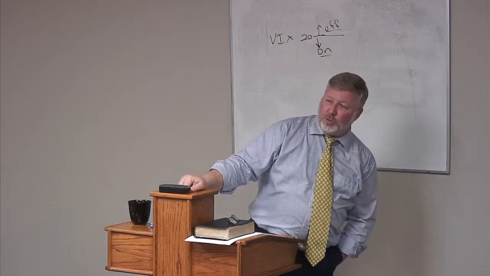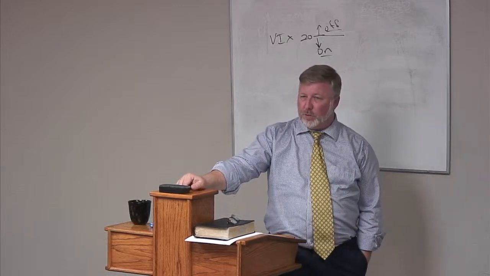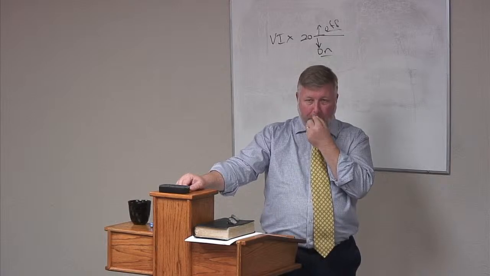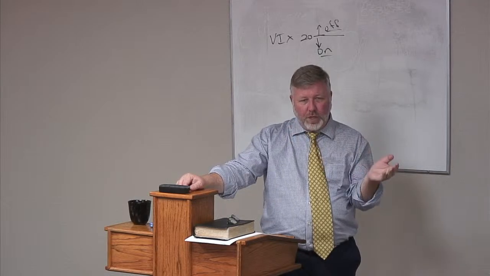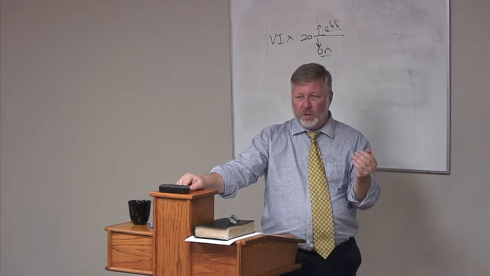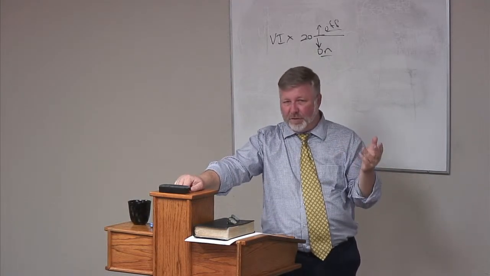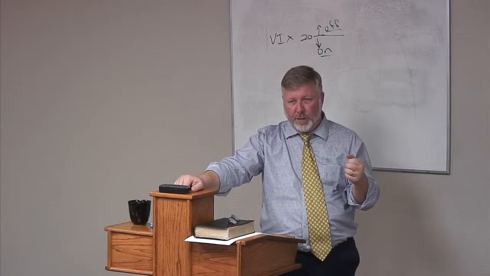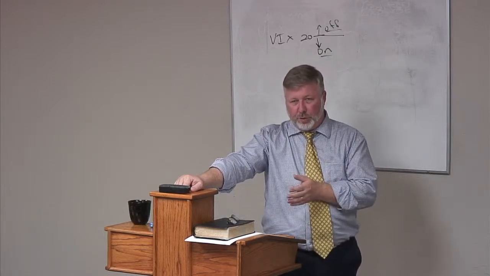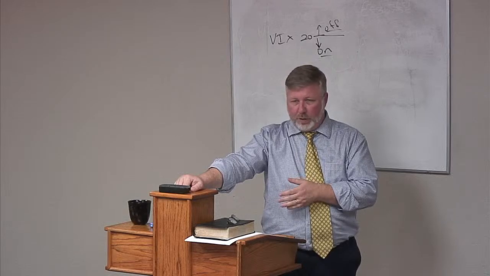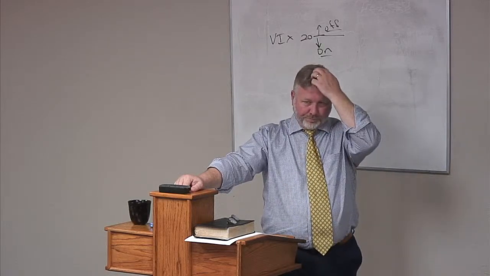An indexed universal life basically works similar to an annuity in that you have a life insurance policy. Let's say that it represents a $250,000 life insurance policy. You pay into it. If you die before it matures, then you get that $250,000.